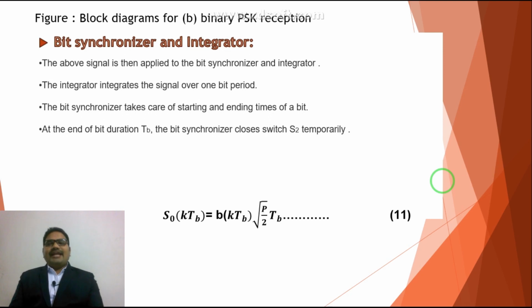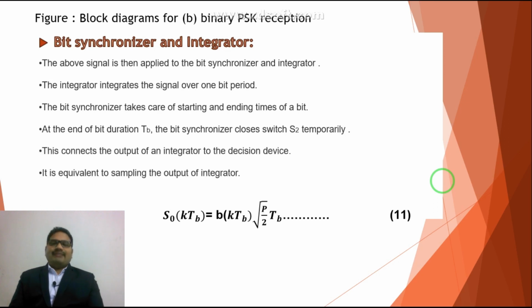So at the end of a bit duration, that is Tb, the bit synchronizer closes the switch S2 temporarily, and this connects the output of the integrator to the decision device, which is equivalent to the sampling of the output of your integrator. And the output of this is given by this equation. So make it as equation number 11.